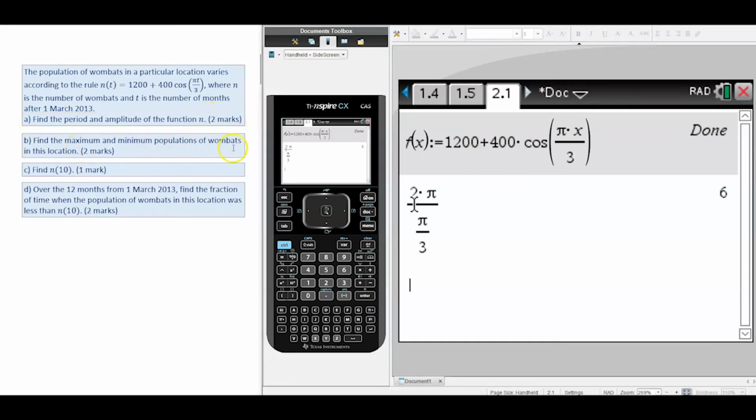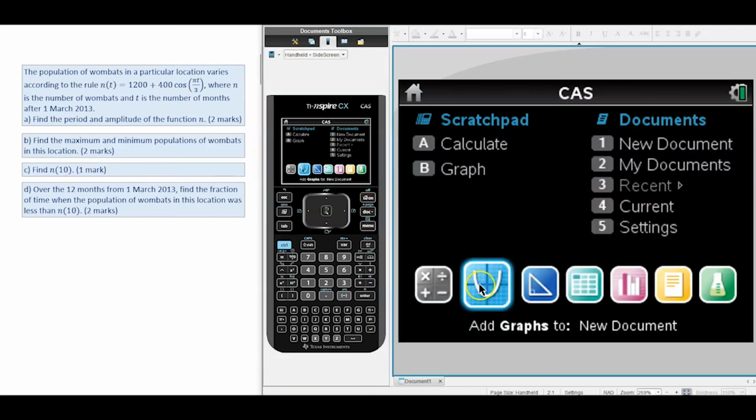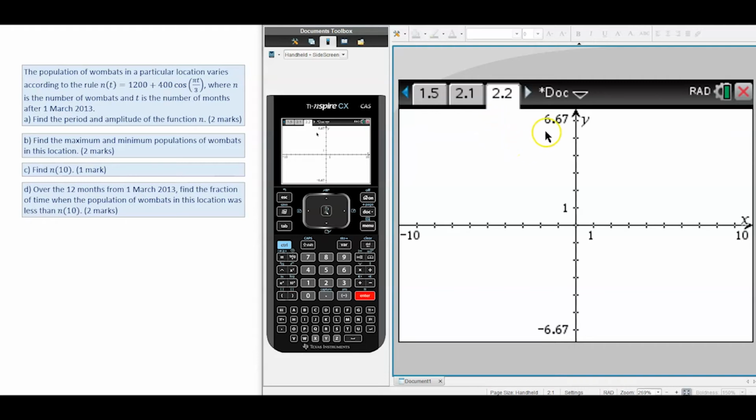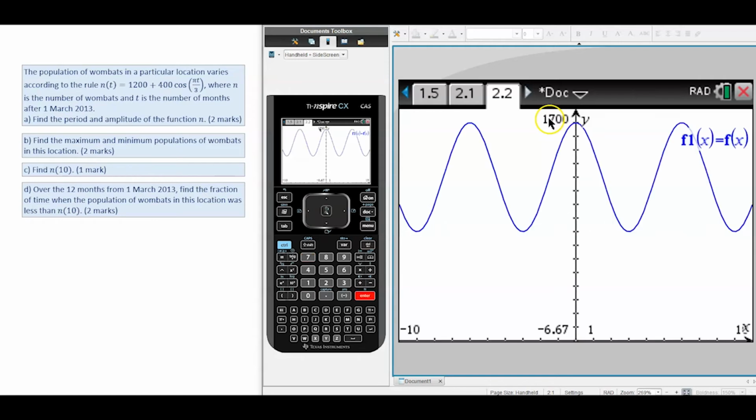If we're talking maximums and minimums, we really want to be going to our graph page. Because we defined our function, we can just type it straight in. You can see that bold F. So when I press enter, nothing comes up, yet it's actually there. So if I do 1600, or I'm actually going to do 1700 to have a bit of a better look at it, the reason I knew that that was the case is our amplitude is 400 and our midline is 1200.